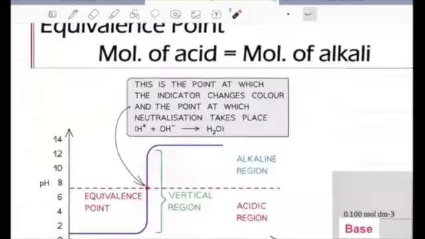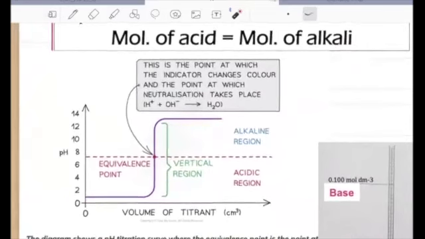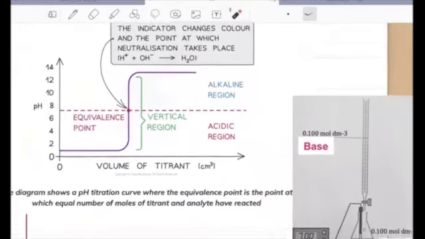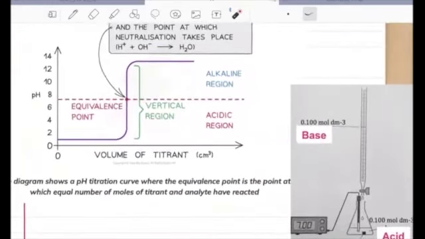When drawing the pH curve, there are a few things that you need to take into account before you start sketching the graph. You need to look at the species or the analyte in your conical flask, the pH of the solution in the conical flask, and then you also need to take into account who is in the burette.